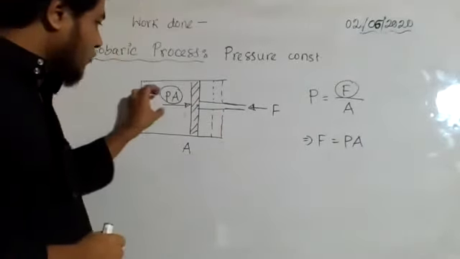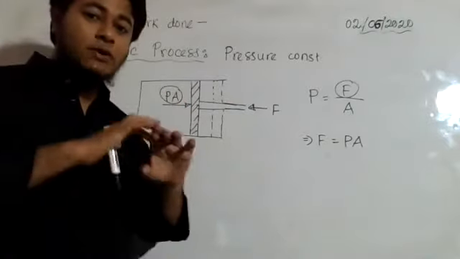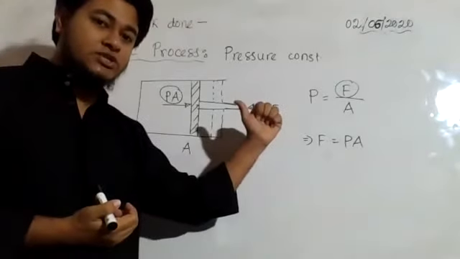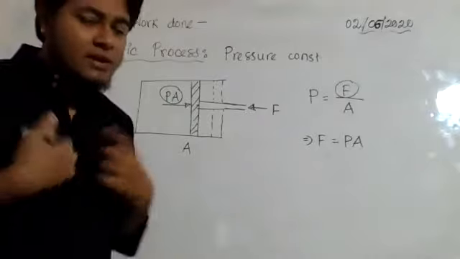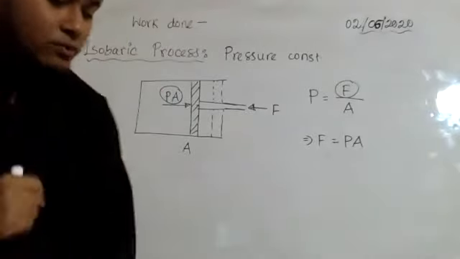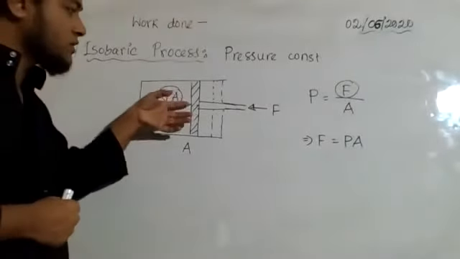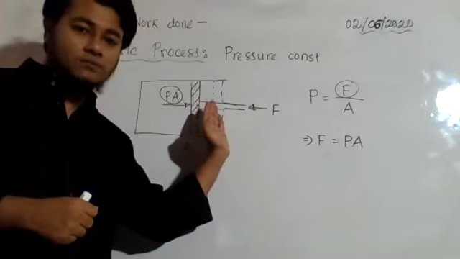You see, a force is being applied in this direction. If I want to balance it and attain the equilibrium position, I must apply a force from the opposite direction. But if I do not apply it, due to this force the piston will move in this direction, correct or not?